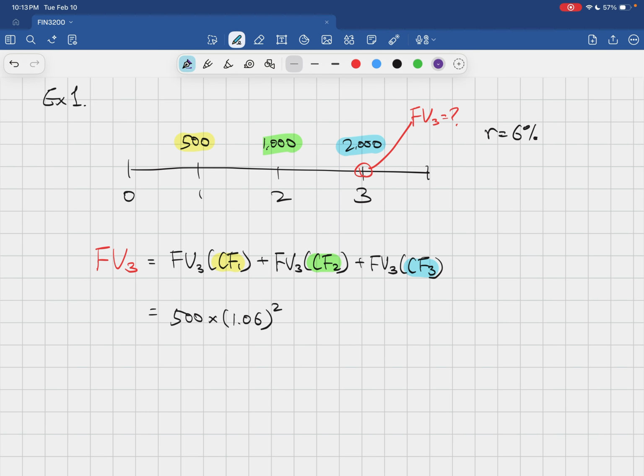Okay, so here we're using the future value formula, this formula. Okay, and just to make sure, the n here is 2 because we're going from time 1 to time 3.